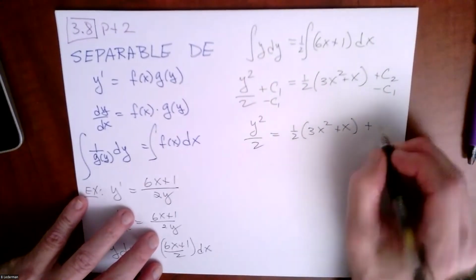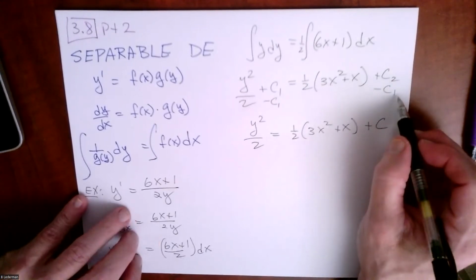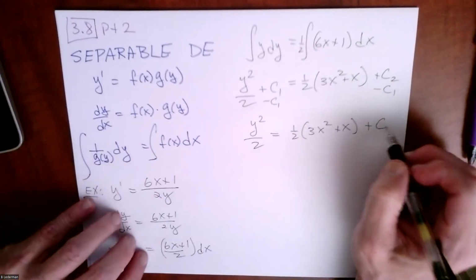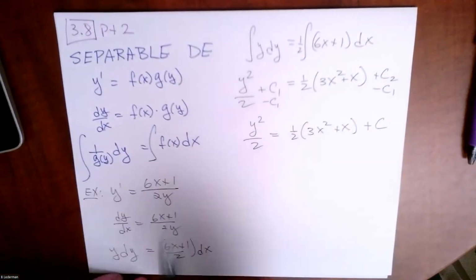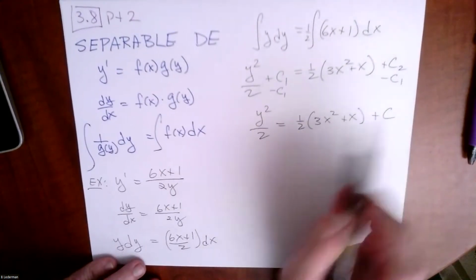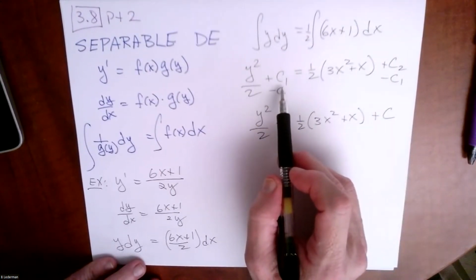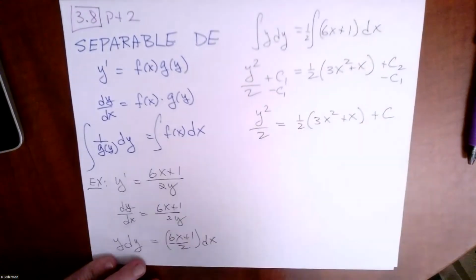And I'm just going to call this whole thing c. There's c2 minus c1. A constant minus another constant is still just a constant. So I'm just going to write a plus c. Usually, and you'll see I'll do more examples, I'm not going to bother writing c1, c2. I'm just going to put my plus c on the other side, and it's going to work out fine.